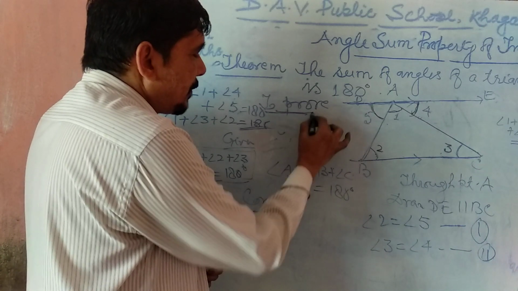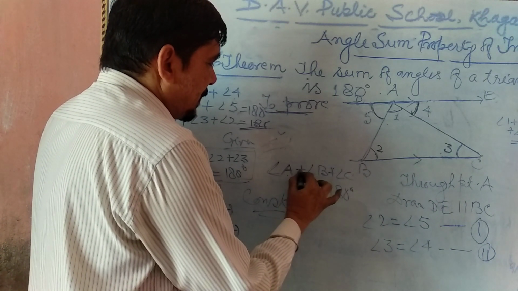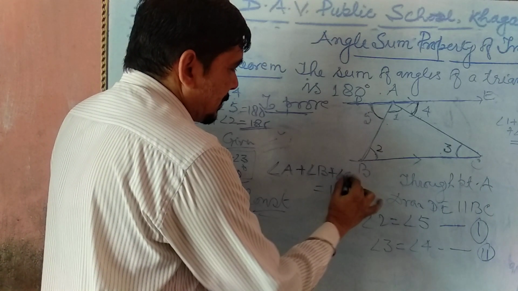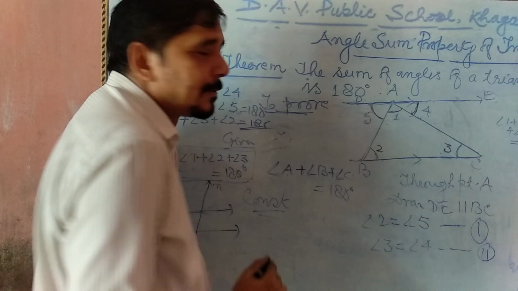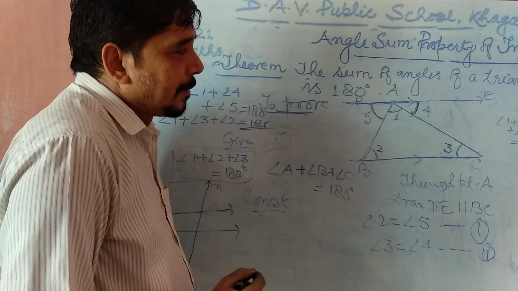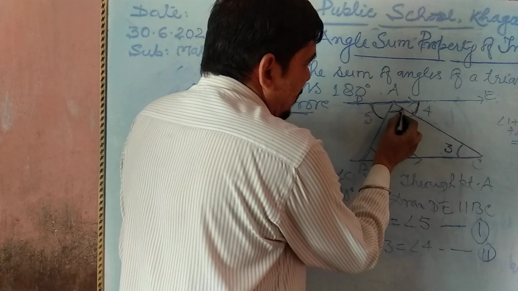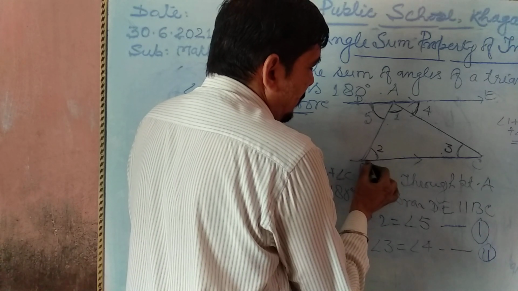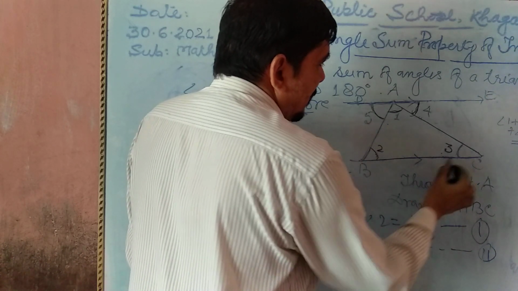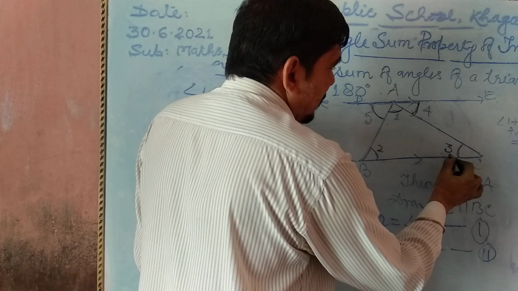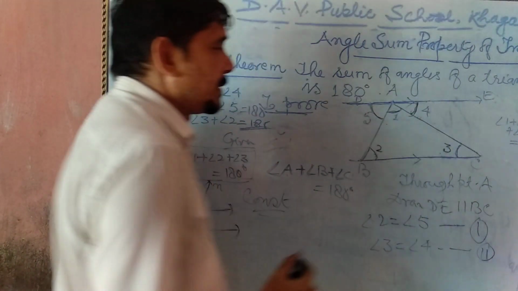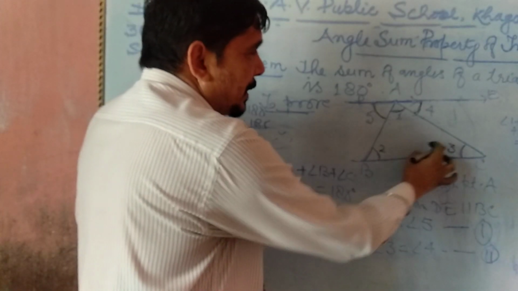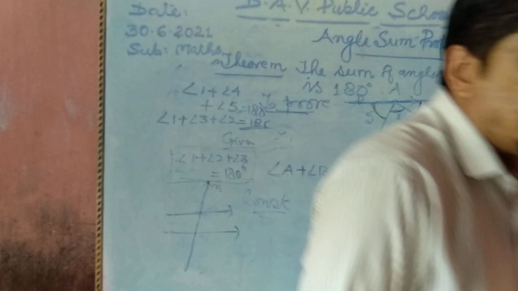Now to prove angle A plus angle B plus angle C is 180 degrees. For convenience, we take angle 1 for angle A, angle 2 for B and angle 3 for angle C. Okay. Now we have to show angle 1 plus 2 plus 3 is 180 degrees.